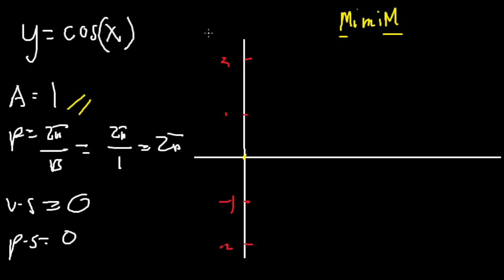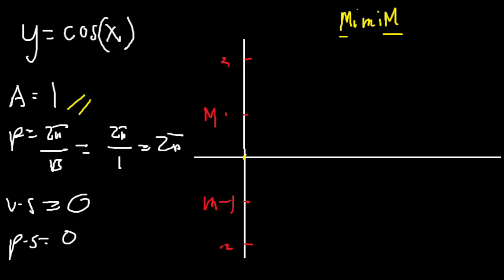Now, to find the maximum, we need to go up and down the amplitude units. So, here, ito ang ating magiging maximum. And here, pababa, will be now our minimum, kasi 1 unit lang naman pataas at pababa.